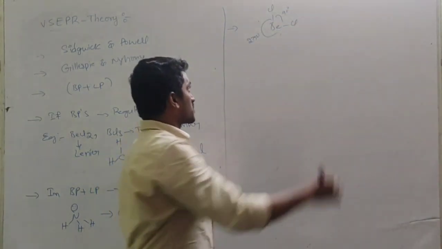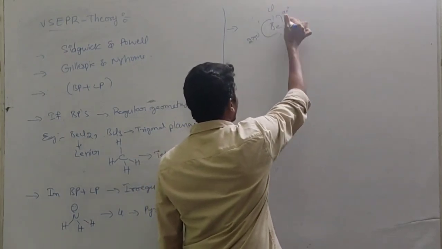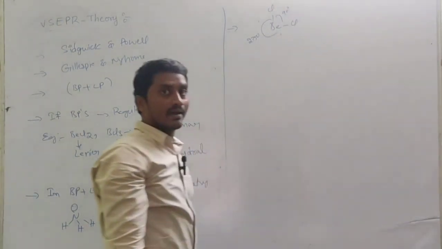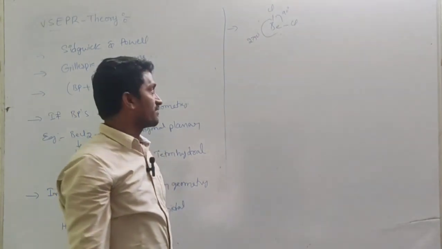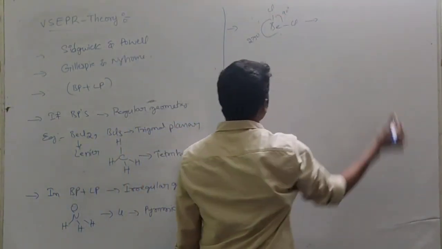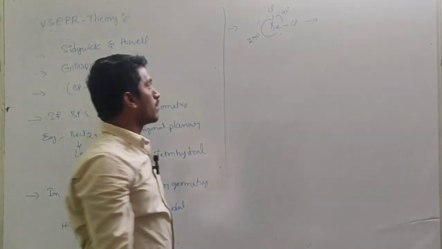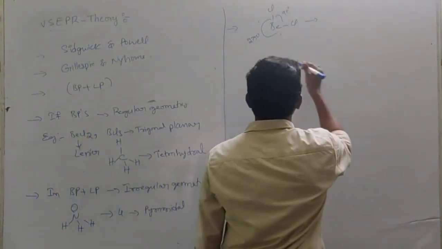Some repulsions will be present between the bond pairs because electrons are negatively charged. Because of the negative charge, repulsions will be present. Because of repulsions, bond pairs exist around the central atom with maximum bond angle or maximum separation.